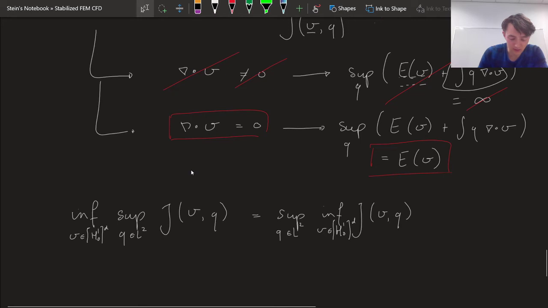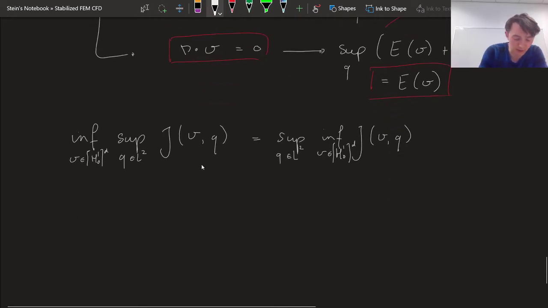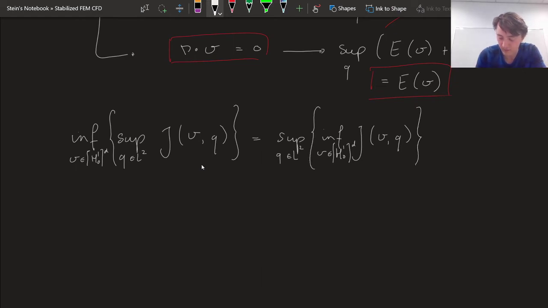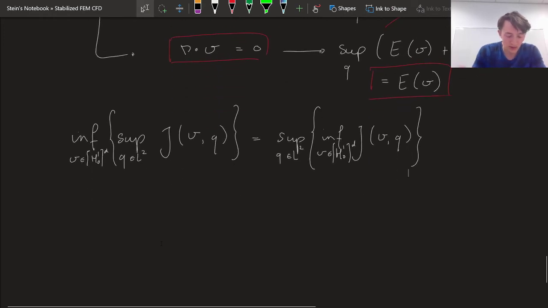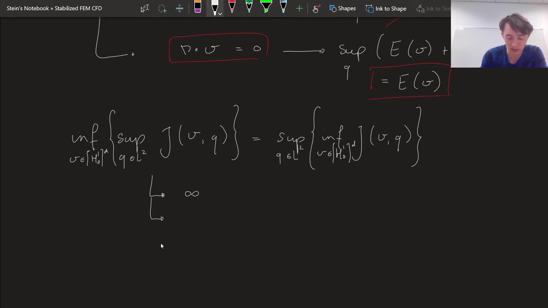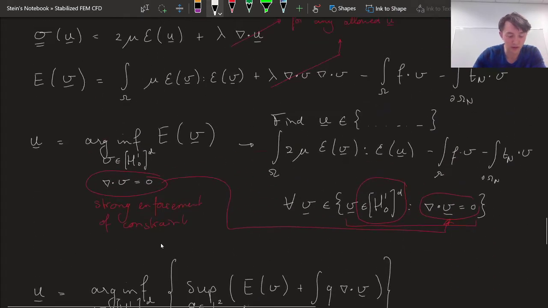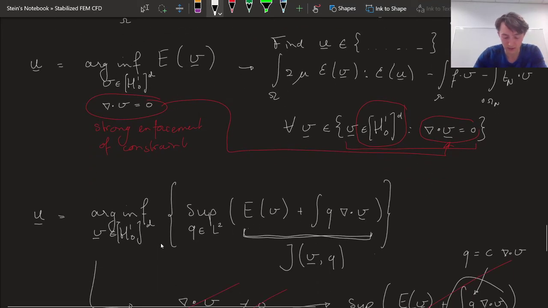What does this say on the left here? And again, we have to think of this with brackets. So for a given function v, if it's divergence free, this is either going to be infinite or it's going to be equal to the answer of my star equation. I'll call this the star equation.